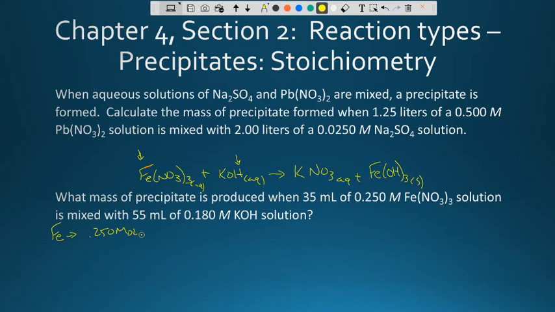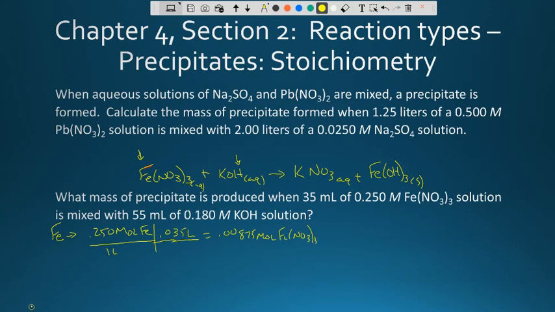That equals that many moles of my iron over 1 liter, but I don't have a liter. I have 0.035 liters. Okay, so if I do that, I'm going to end up with, do I have 3.5 or 5.5? I have 3.5 on there. Okay, so that ends up with, hopefully I did my math right here, 0.00875 moles of my iron nitrate.